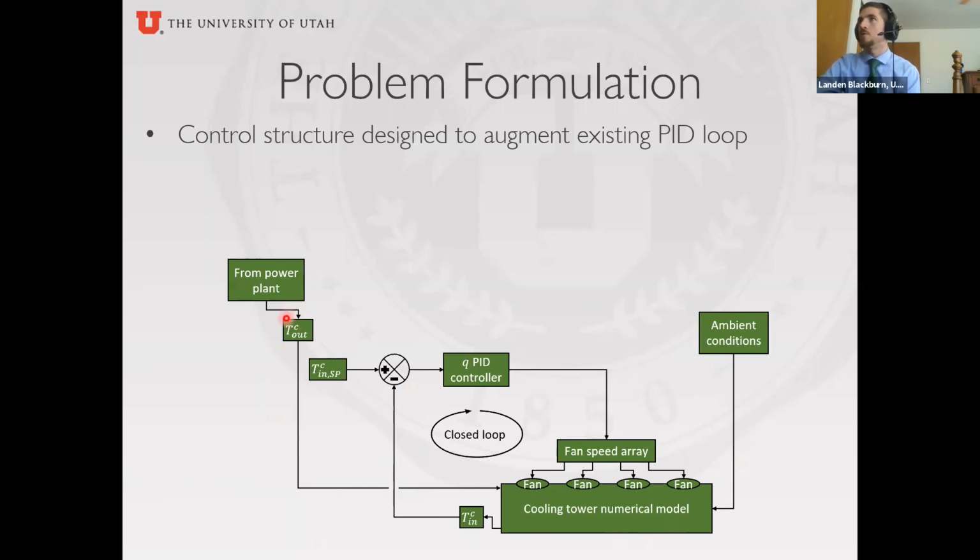As the power plant ramps up, you start getting hotter water sent into the top of the cooling tower, so that's going to require more cooling. Conversely, in really humid environments, cooling towers become a little less efficient. That's another thing to take into account. We have measurements on all of these. So again, the idea is to feed this into a neural network and see if it can start predicting performance so we can use that intelligently.